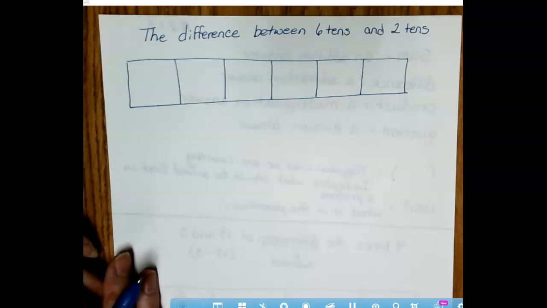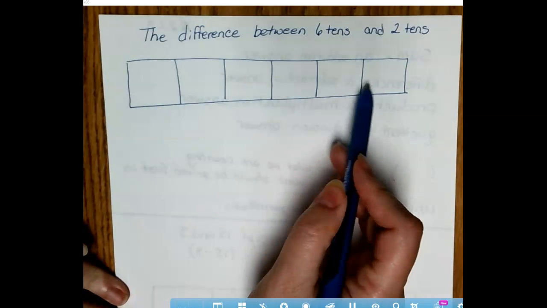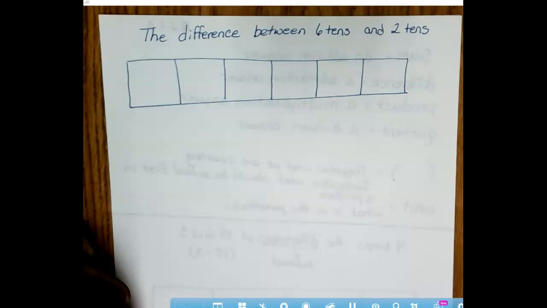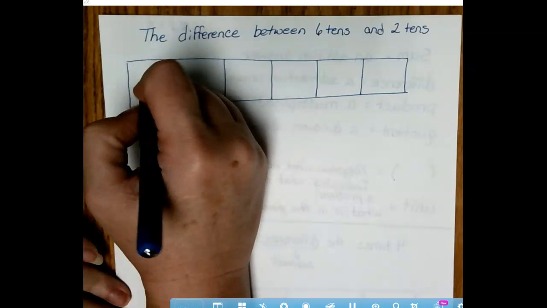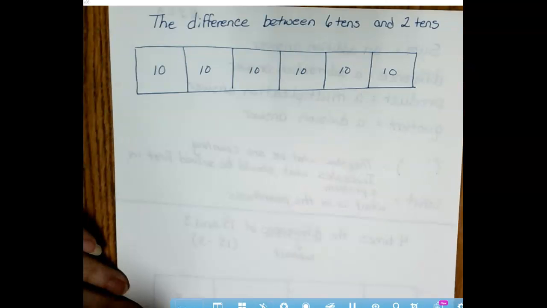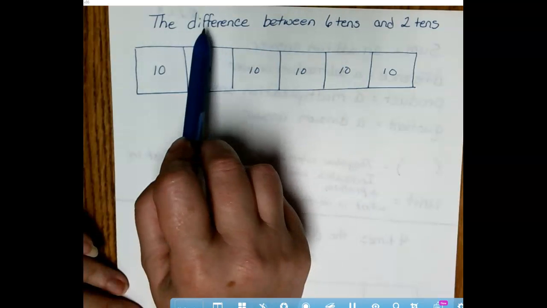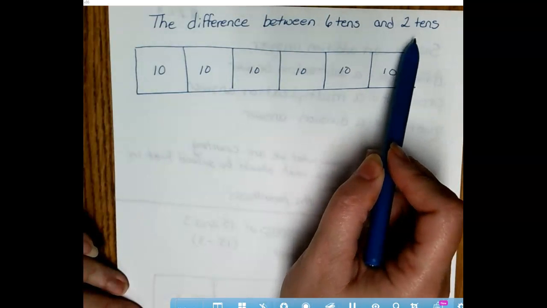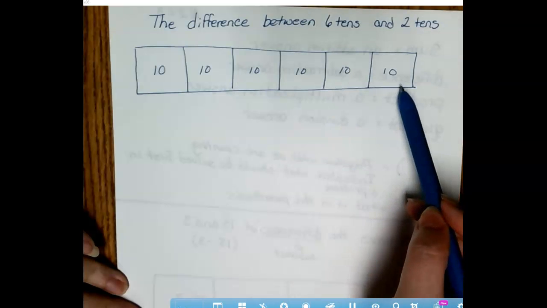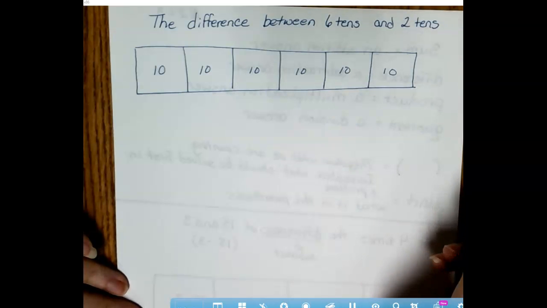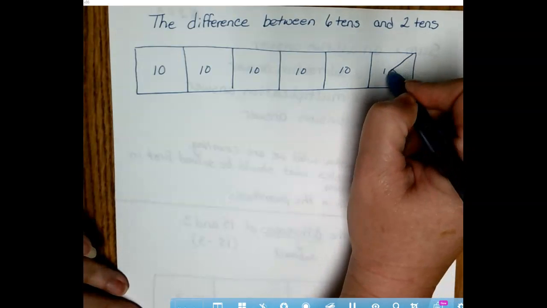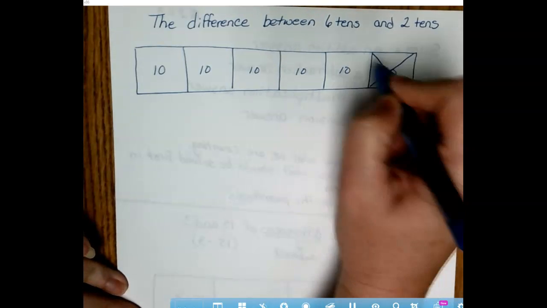So first I need to start with 6 tens. I have 6 places here, and in each place I'm going to have 10. But I want to know the difference between 6 tens and 2 tens. So I'm going to cross off 2 tens.